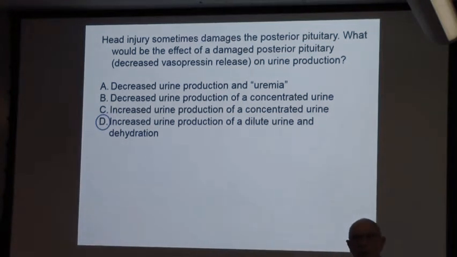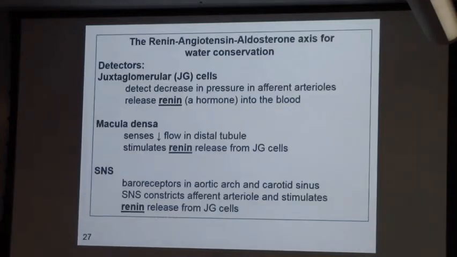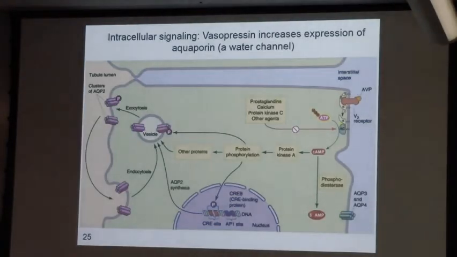Inability to produce vasopressin. So no matter how dehydrated this person is, they're not producing vasopressin. So they're producing a dilute urine all the time. This story doesn't happen, ever.